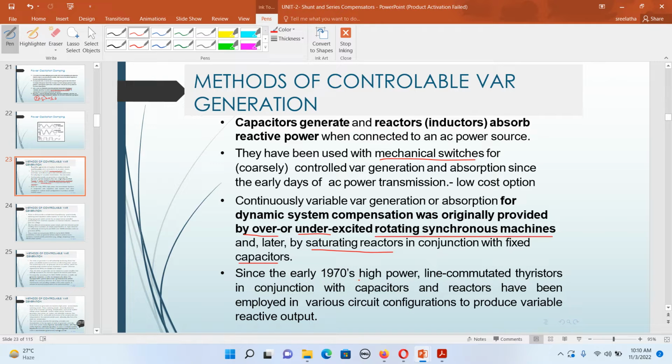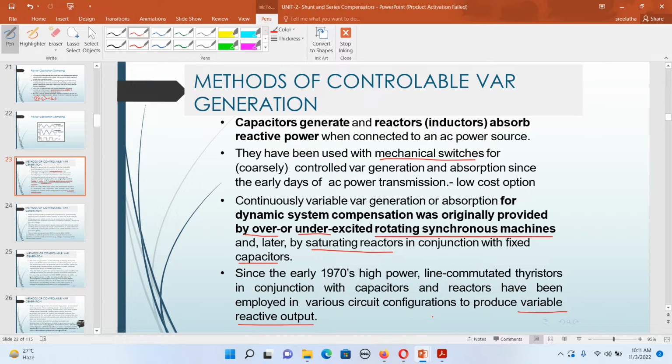Since the early 1970s, high power line commutated thyristors, in addition to capacitors and reactors, have been employed in various circuit configurations to provide variable reactive power.